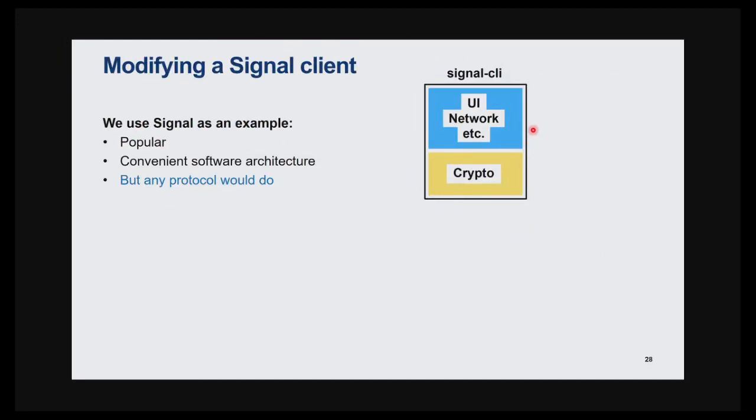So how we did this in practice: we used Signal in our particular case because it's popular, the protocol is used in a lot of places, and the software architecture is nice to work with, but any protocol will do except for some exotic ones that we'll talk about a little later. We took this unofficial Signal CLI client, which contains all the normal stuff: some UI code, some network code, and then a cryptographic state machine.